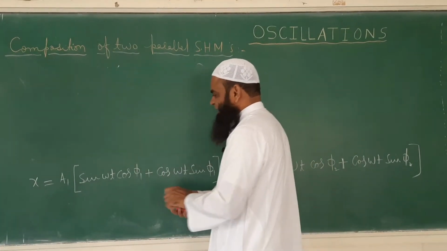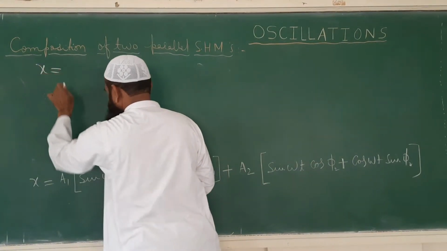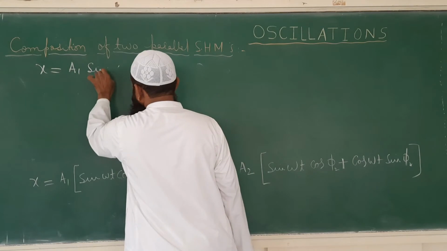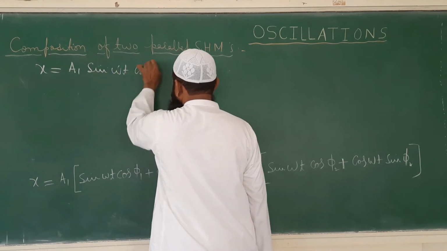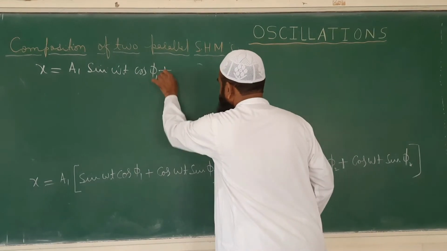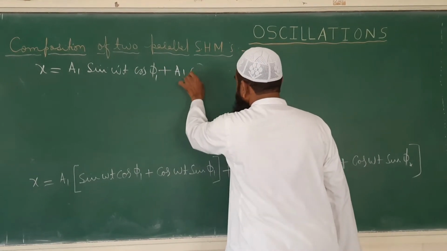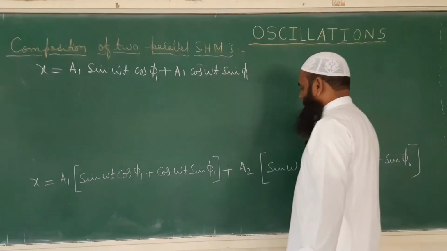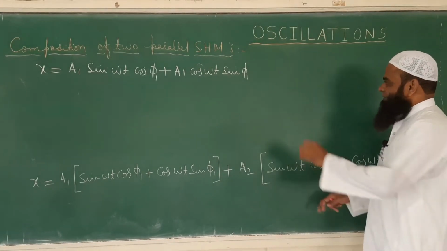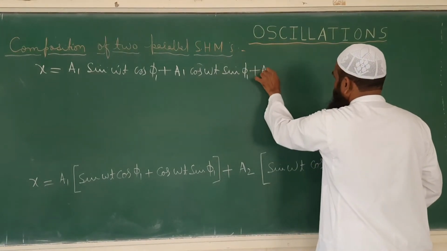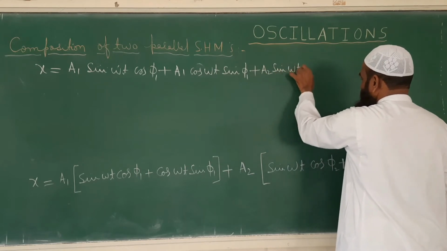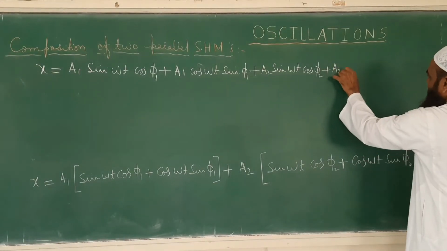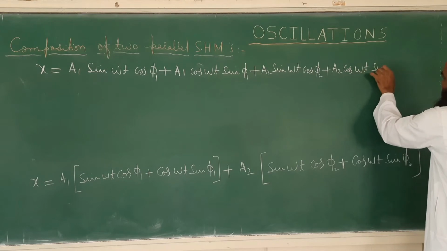First of all, multiplication of A1: x is equal to A1 multiplied by sin omega t cos phi 1 plus A1 multiplied by cos omega t sin phi 1, then multiplication of A2 with this bracket, plus A2 sin omega t cos phi 2 plus A2 cos omega t sin phi 2.